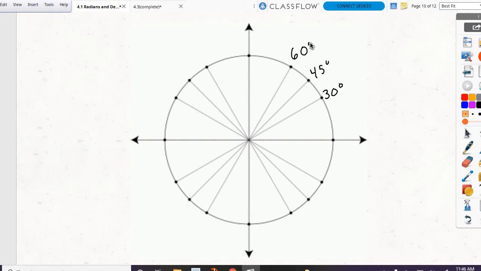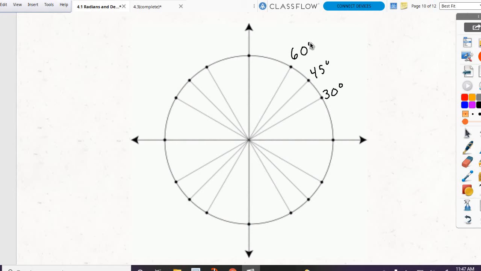What we want to do is find the rest of them, because just like our 30, 45, and 60 happen a lot, they are common angles. The ones in similar positions in the rest of our circle are also common angles, things that we see a lot. So we need to figure out what they are. Are y'all with me so far? Yes? Alright.